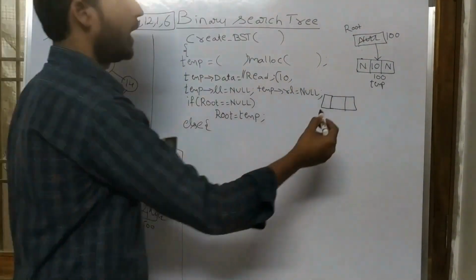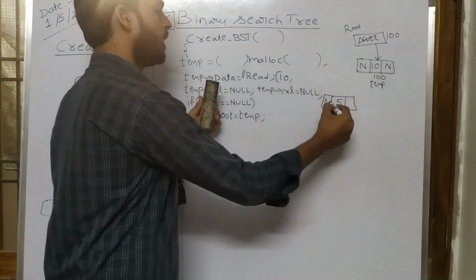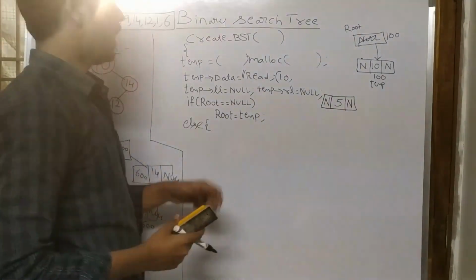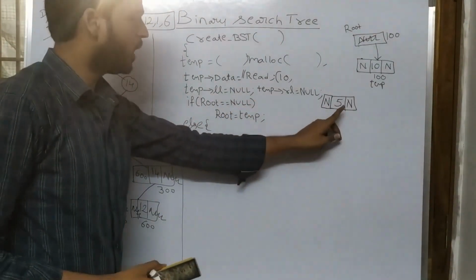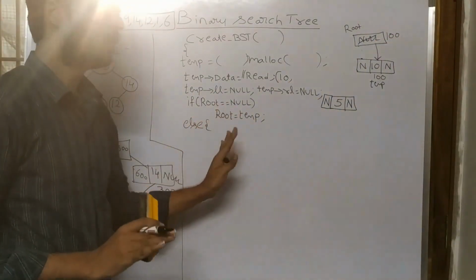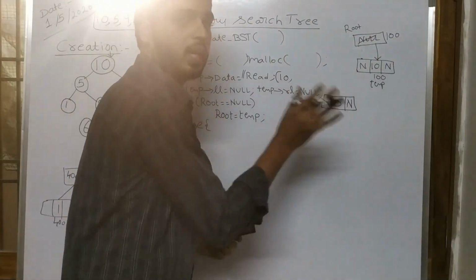Let us assume that the value is 5. It places that at the data location, and places null on the left side and null on the right side. I just want to check: is the root value null? 100 == null? No, it is false. So it is not the first node.